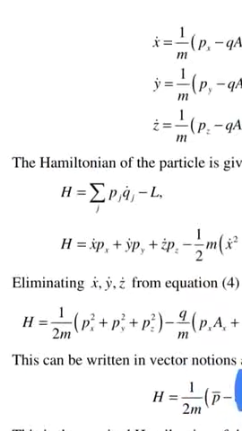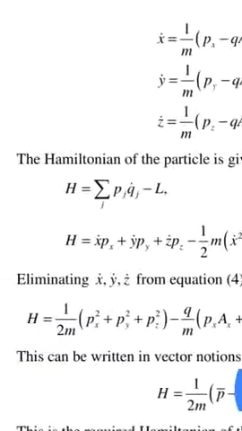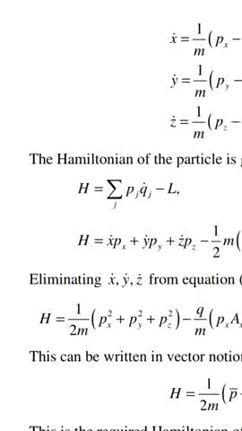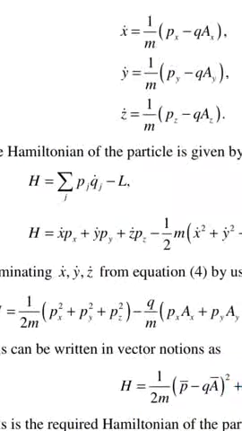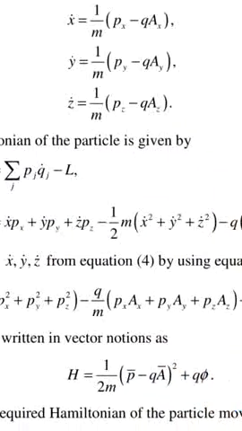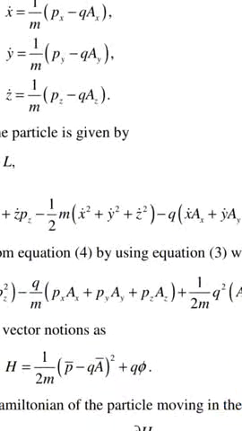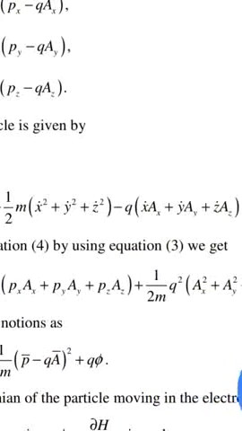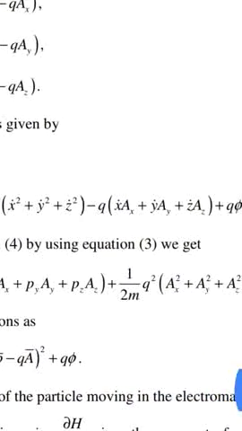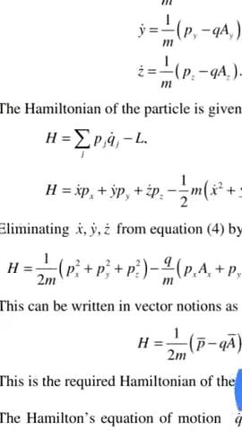The Hamiltonian of the particle is given by H = summation of Pj Qj dot - L, so H = x dot Px + y dot Py + z dot Pz - 1/2 m(x dot² + y dot² + z dot²) - q(x dot ax + y dot ay + z dot az) + qφ.